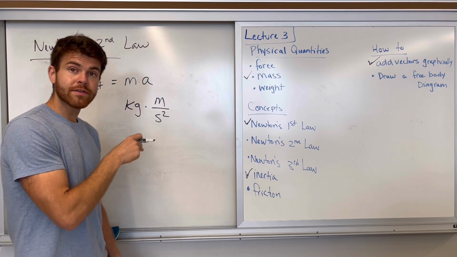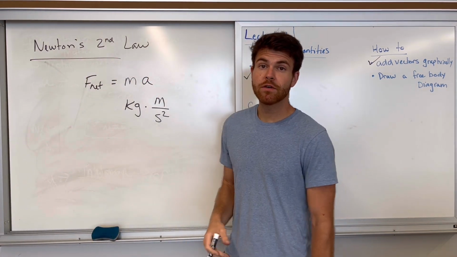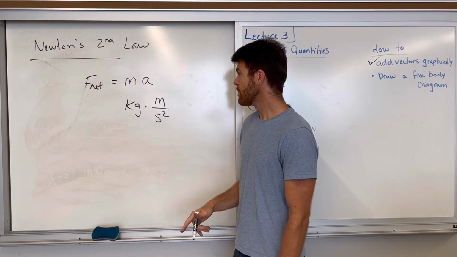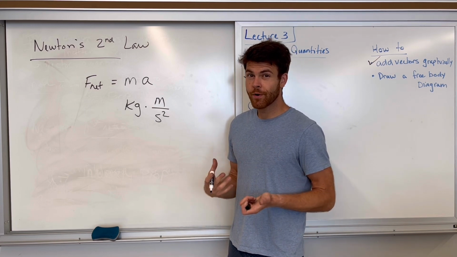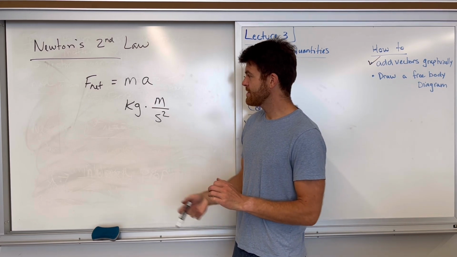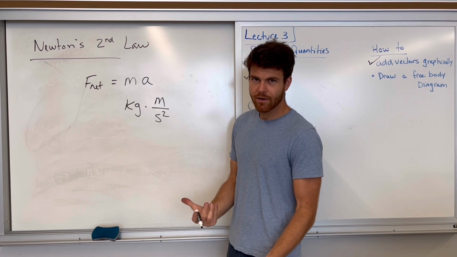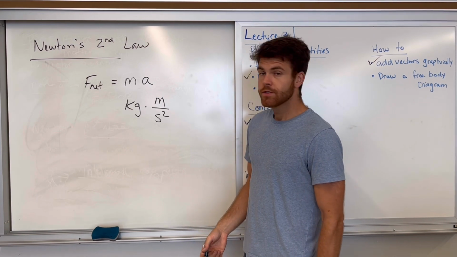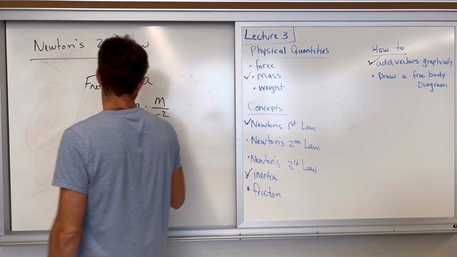So these are the units of force, kilograms meters per second squared. But we use force so much in physics that this is cumbersome to always be writing kilograms meters per second squared. So we define this as its own unit.